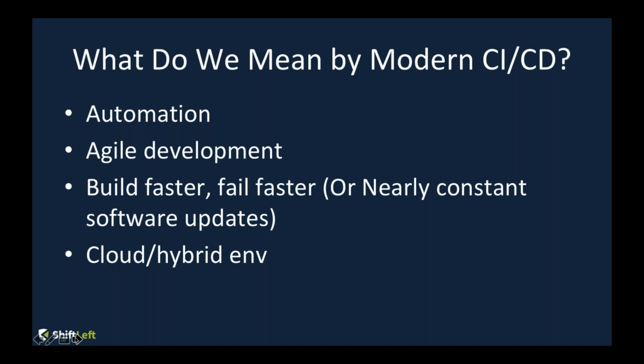And so we can avoid the integration hell that typically happens when people wait till the last minute to merge changes into a release branch. So basically being able to capture bugs earlier through regressions by running automated tests. And being able to leverage a hybrid environment and get the best of all the worlds that the cloud has to offer.